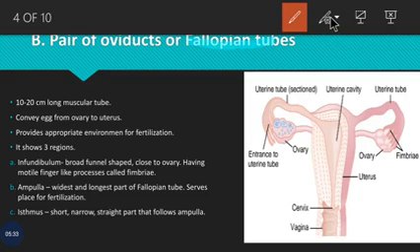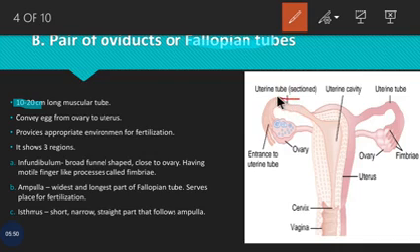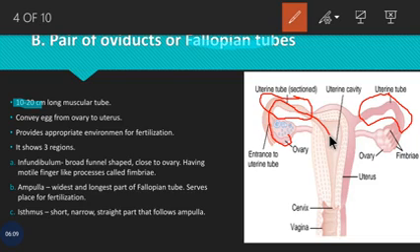We already discussed this in regular classes, so it is just a little revision. They measure about 10 to 20 centimeters long. Their function is to convey the egg. The egg is ovulated from the ovary, collected by the fimbriae, goes inside the fallopian tube, and eventually reaches the uterus, right?